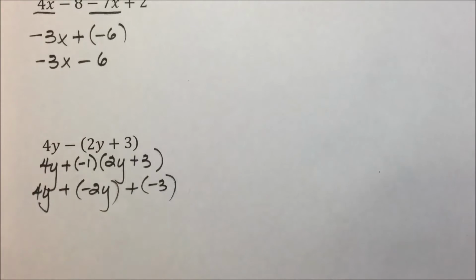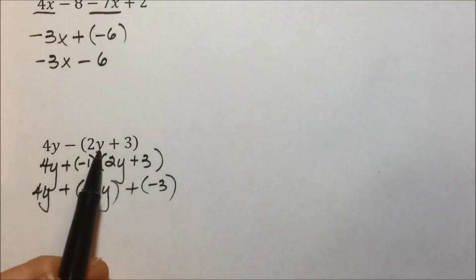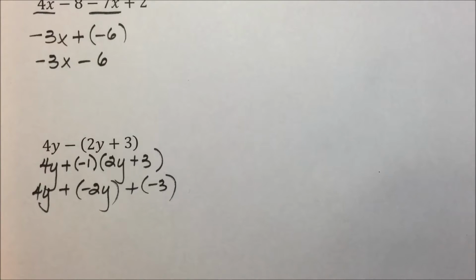Now that we've eliminated the parentheses of this expression, we can simplify further by combining like terms. We have a 4y and a minus 2y, which are similar or like terms since they both have y to the first power.